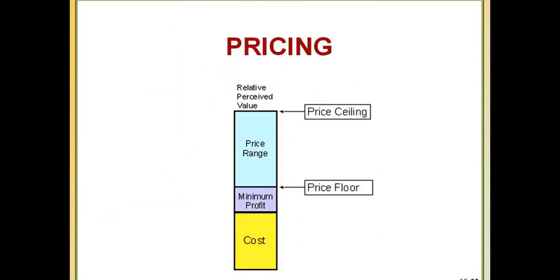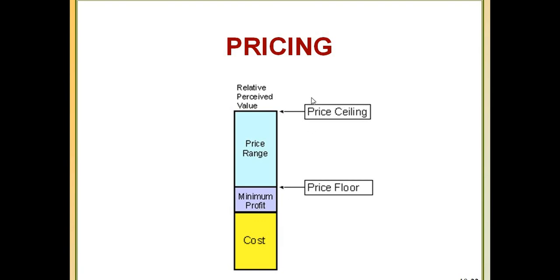And one more last thing, as I said, the practitioners who manufacture the products and have to set the price, there is a floor and there's a ceiling. That means beyond that floor you cannot go, you cannot drop your price beyond this, because you are going to enter into a loss zone. It's not going to give you any profit.